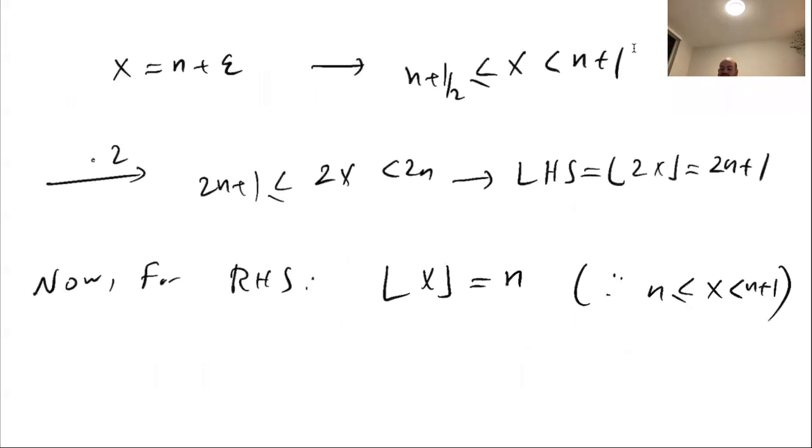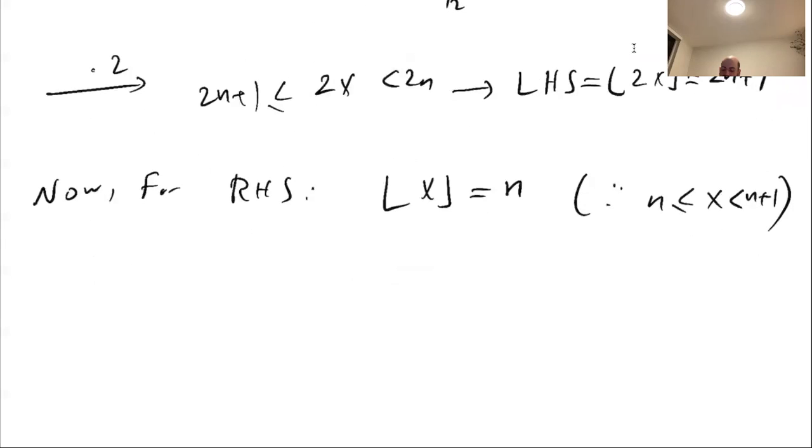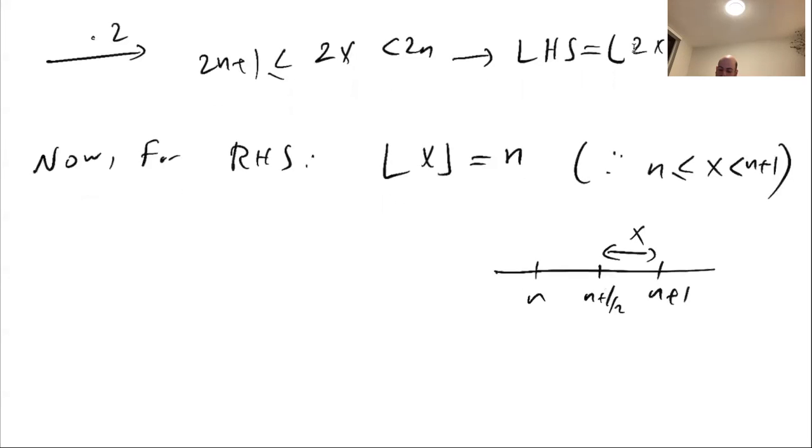My assumption is x is in there. Here, if you look at the real line again, n plus 1, n plus 1/2. Now my x is here in this case. So if x is here in the second gap, of course, again, it is in the bigger gap. So floor of x is n.